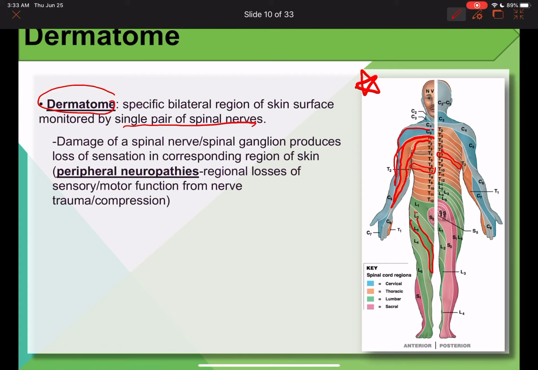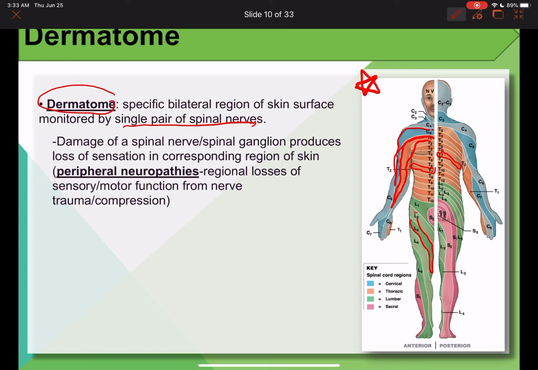And hence, this is why when a specific pair of spinal nerves coming out of the spinal cord is damaged or compressed, for example, what we talked about in a herniated disc, remember we mentioned that from our bone chapter about herniated disc and what they are, it can compress on a specific spinal nerve.